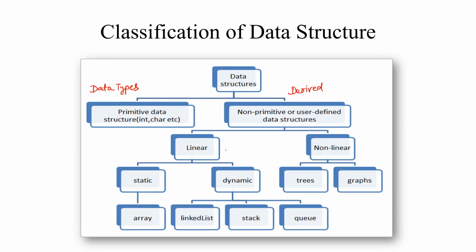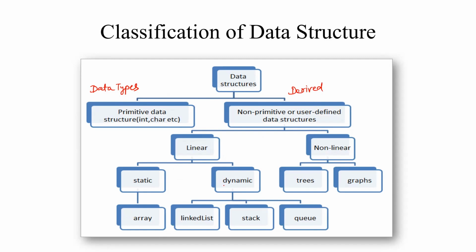In non-primitive, mainly we categorize the data structures into two categories, that is linear and non-linear. In linear data structures, we have static data structures and dynamic data structures. Static data structures are mainly arrays.